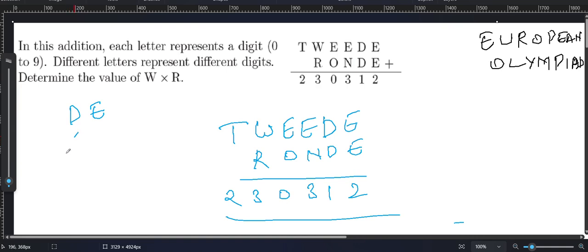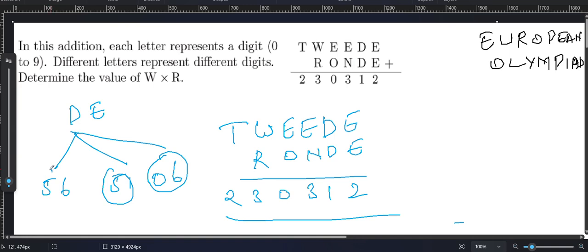There are three possibilities: either it can be 5 and 6, 5 and 1, or 0 and 6. These are the possibilities, so we have to explore them and see which is going to fit.